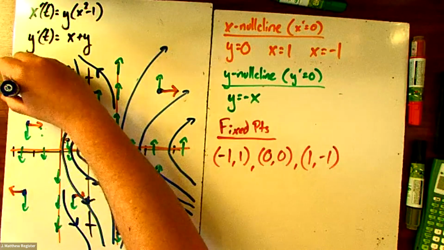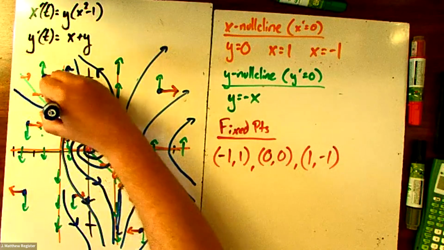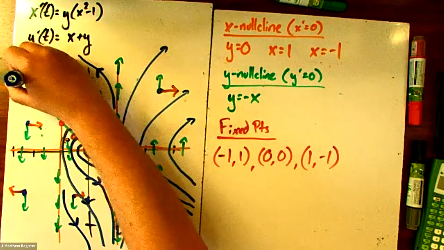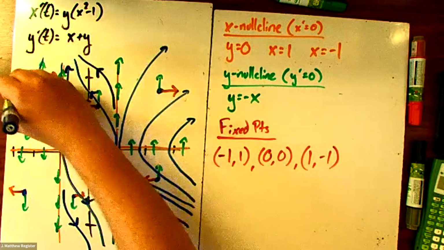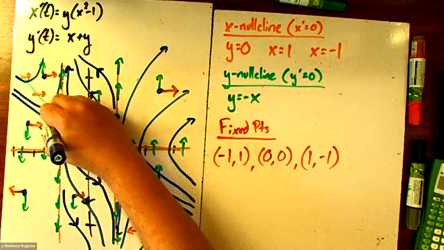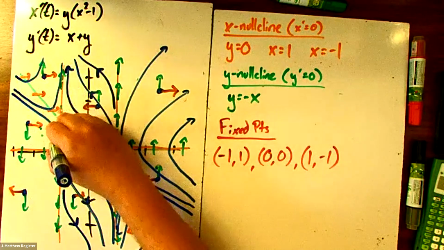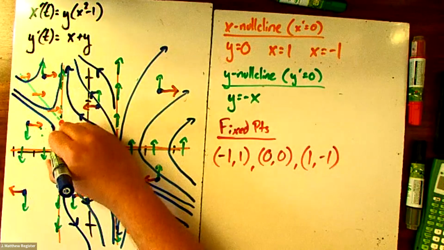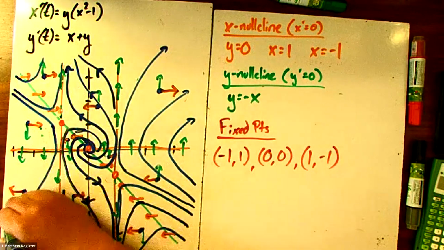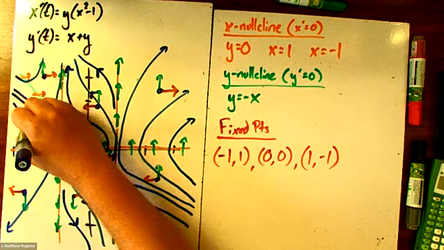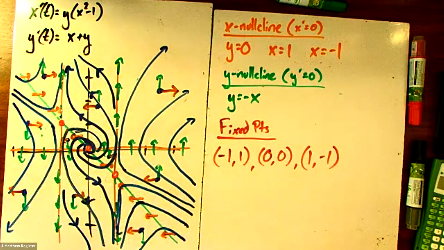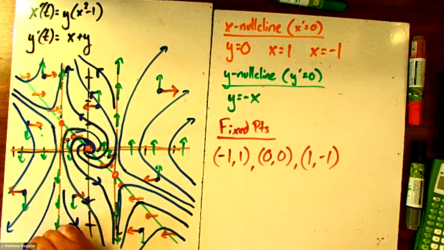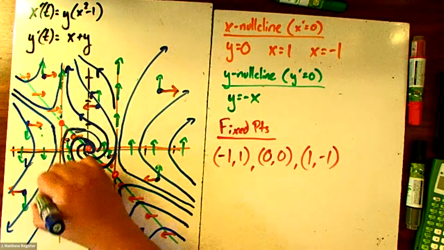We're going to start to see curves which come down, hit this, and then go up. And then we're going to see some which come down, go past this fixed point, and then continue going down until we hit this. And that gives us the general shape of this.